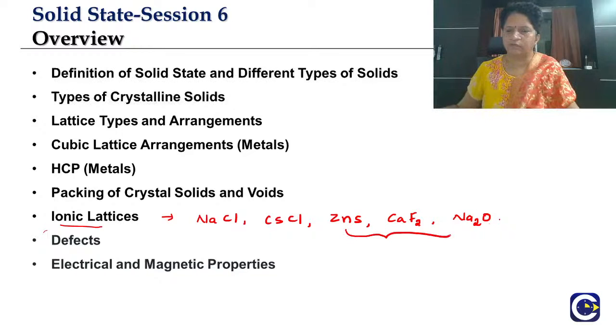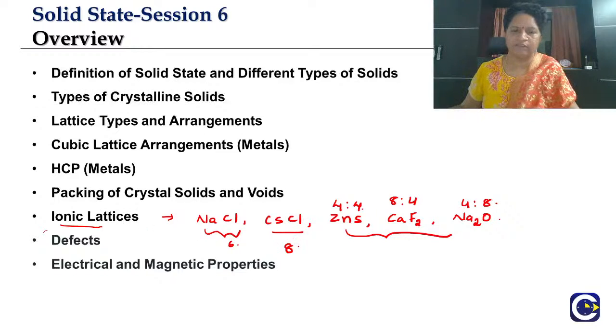For these 4, we have taken examples with coordination number 4, but here it was 8:4. Here it was 4:8, here it was 4:4, and for this the coordination number was 8, for this the coordination number was 6.